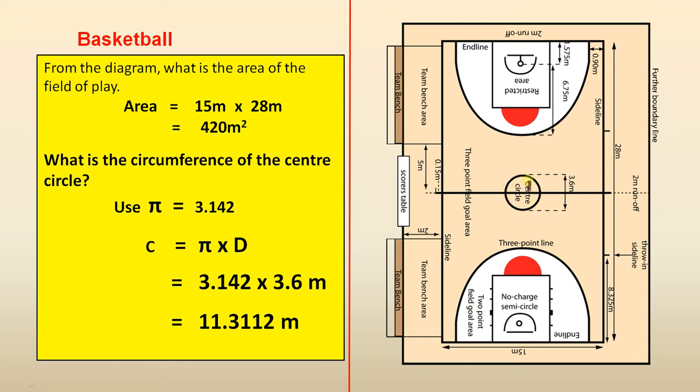Here is the centre circle. It has a diameter of 3.6 metres. We can use pi equals 3.142. So the circumference is pi times the diameter, which is 3.142 times 3.6 metres, which is 11.3112 metres.